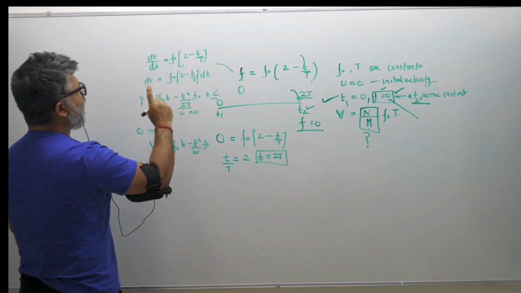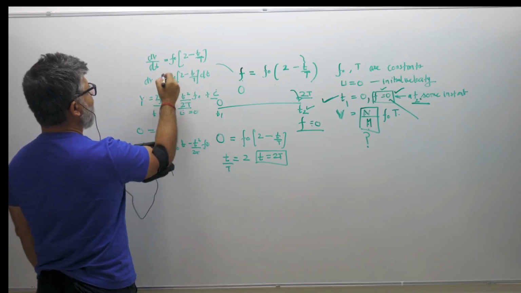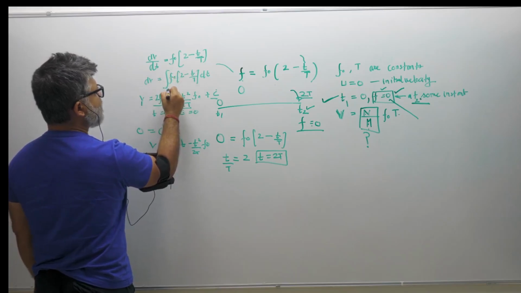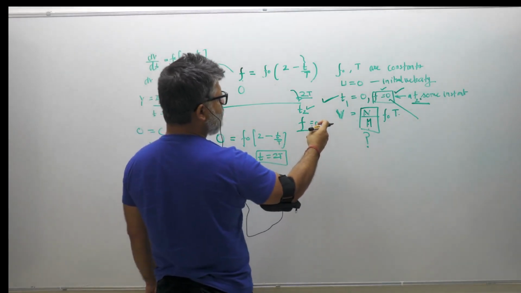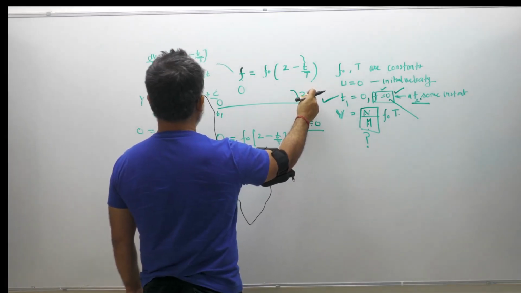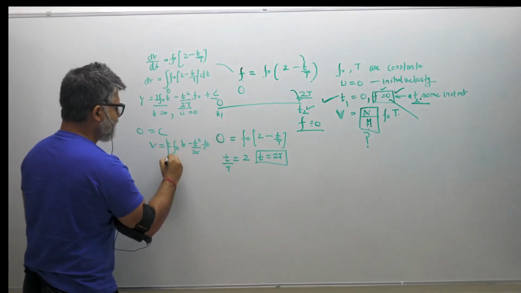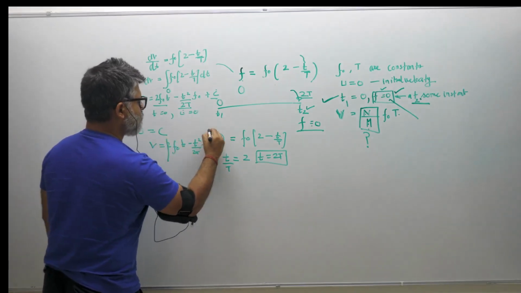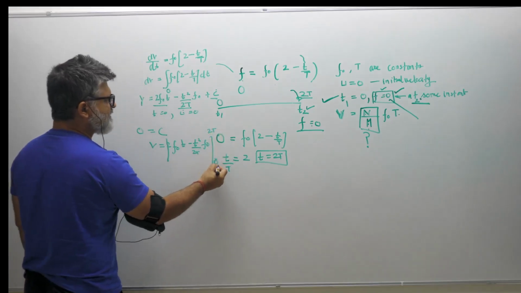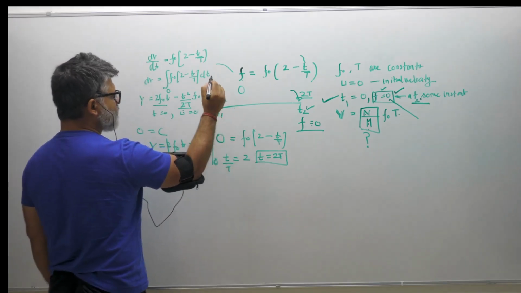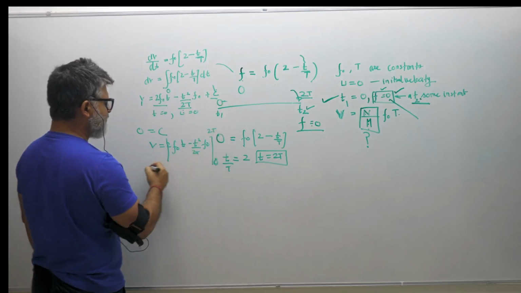In fact, I should have integrated this from 0 to the value which we got, 2T. So I will substitute the limits 0 to 2T. We've already seen at t equal to 0, the initial condition c comes out to be 0. Let's see what is the next term.